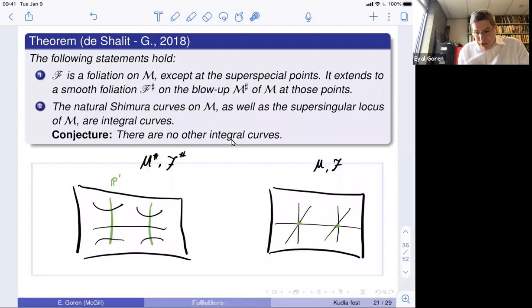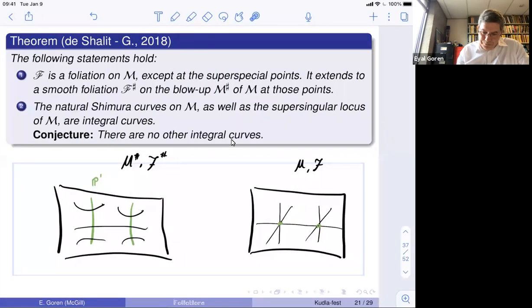And we conjecture that there are no other integral curves on this surface, no other algebraic curves that are integral for this foliation.